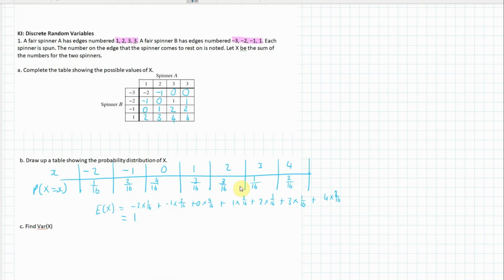Now to find var x, remember var x is going to be, we're going to take away 1 squared at the end. So it's kind of like, we're going to go minus 2, so we take this value here, we square it, then we times it by its probability, and we do that the same all the way along.